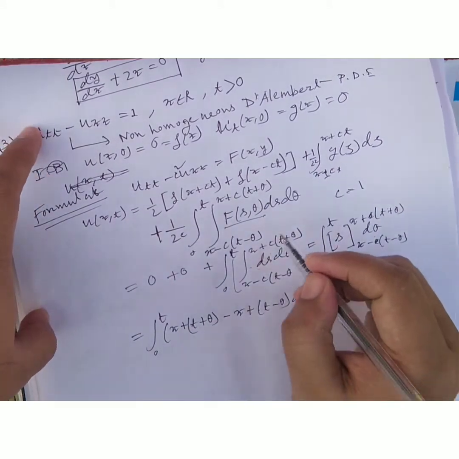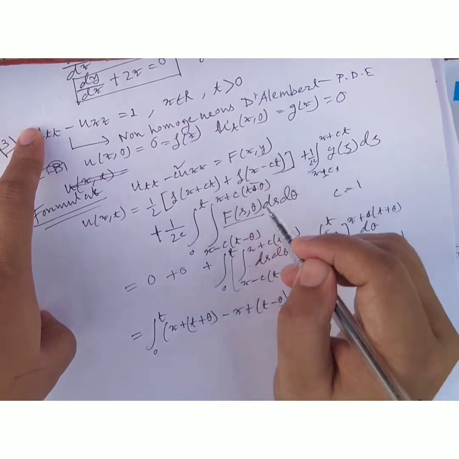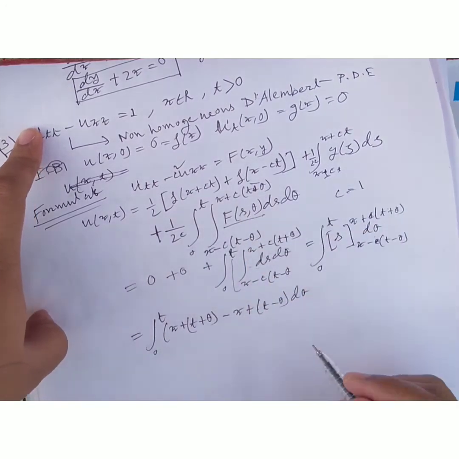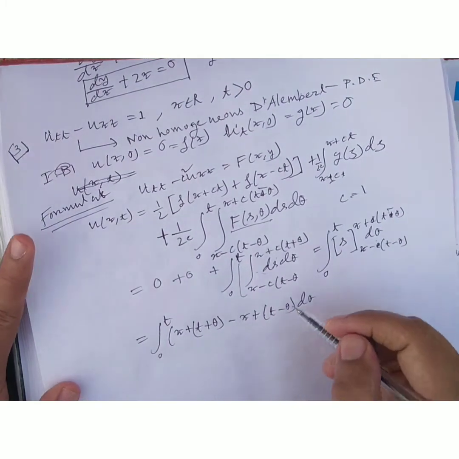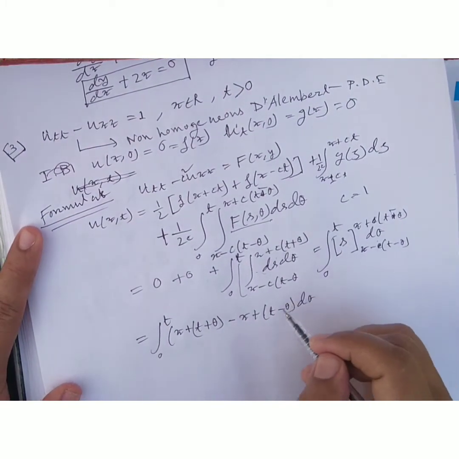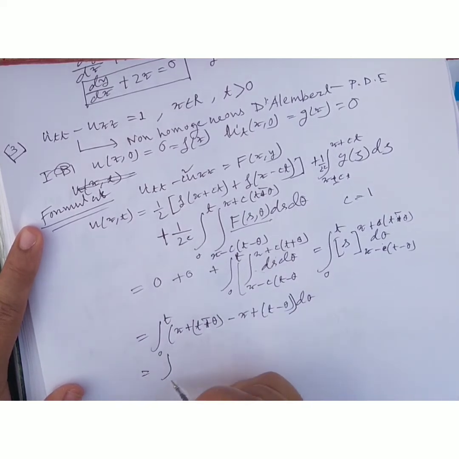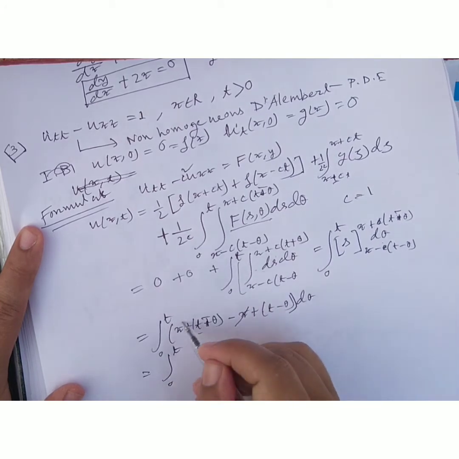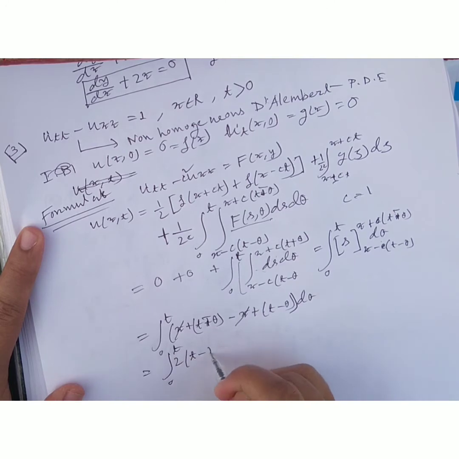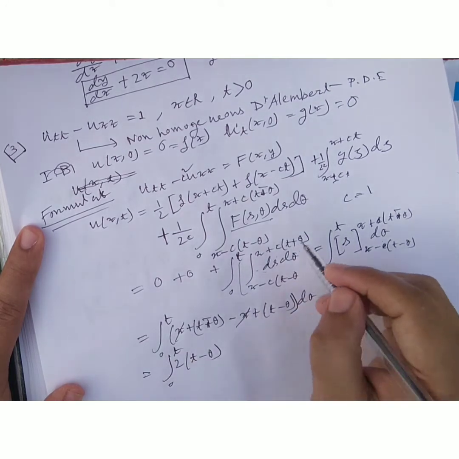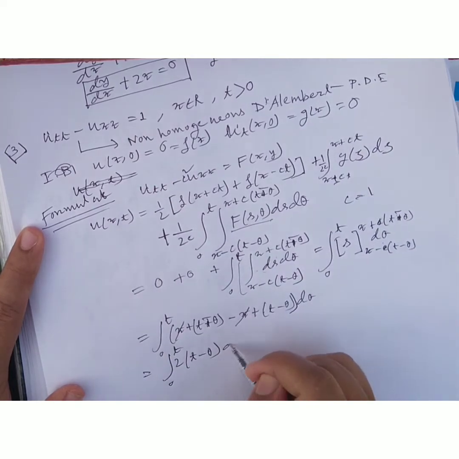I have written the formula wrong here; it should be t minus theta on both sides. So after that, the integral from 0 to t, x minus x cancels, and the difference is 2 times (t minus theta) d theta.